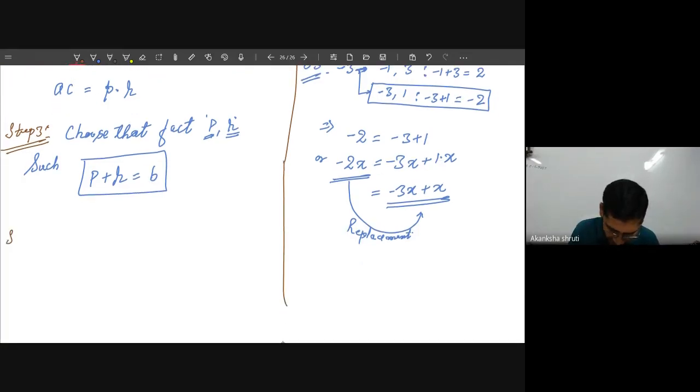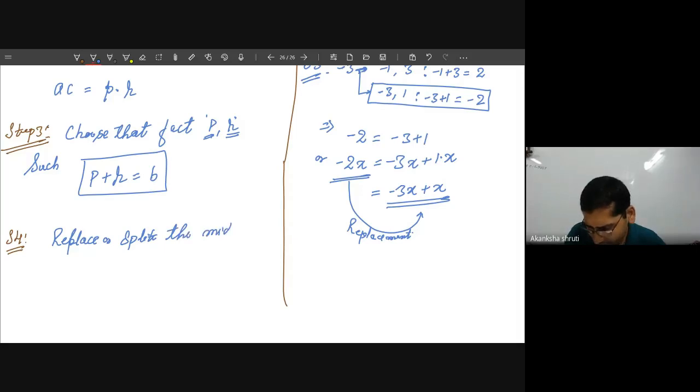This step number 4 is that: replace or split the middle term.